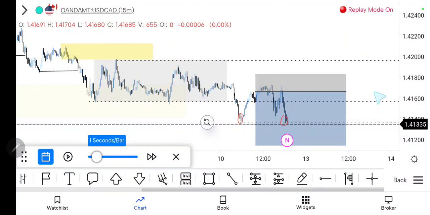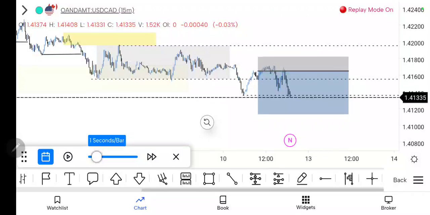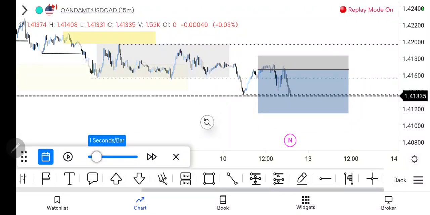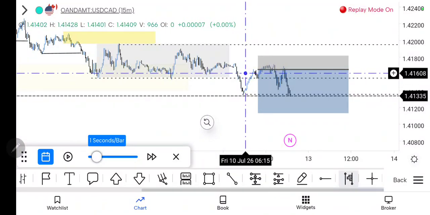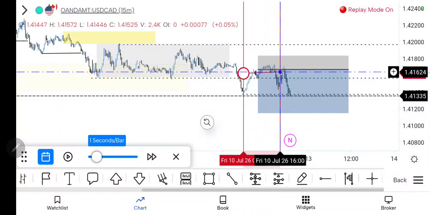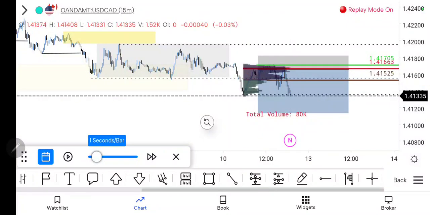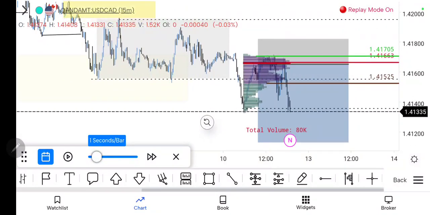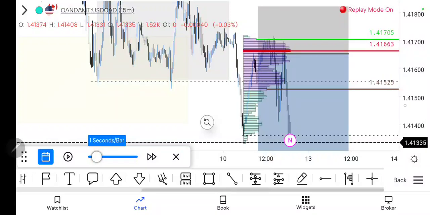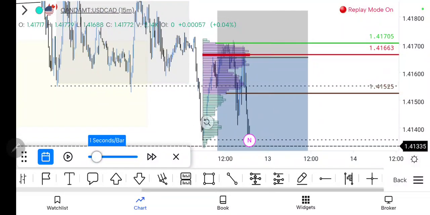So I'm going to plot my volume profile so that I can get another opportunity to enter the markets. This trade is currently running in profits, and when we plot this up to this candle, we get our P-shaped volume profile.